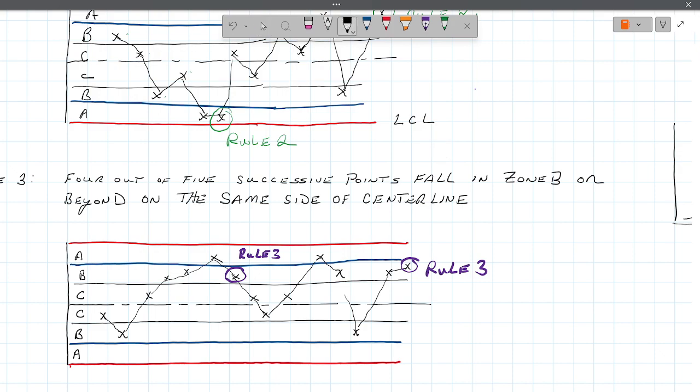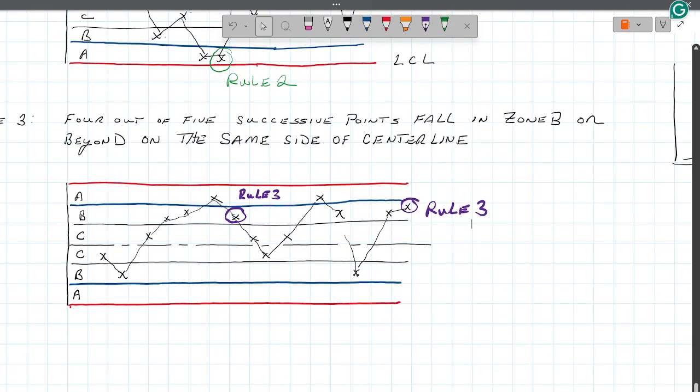Okay. Everybody good on Rule 3? Good, Luke? Okay. All right. 4 more to go.